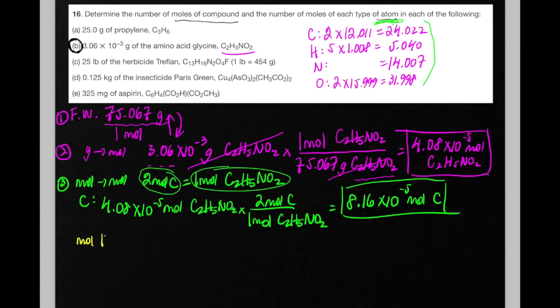Moles of hydrogen is similar. Now when we do moles of hydrogen, we look at the chemical formula and we can see for glycine, 5 moles of hydrogen is equivalent to 1 mole of C2H5NO2. Okay, so when we set up the conversion, it's going to look like this.